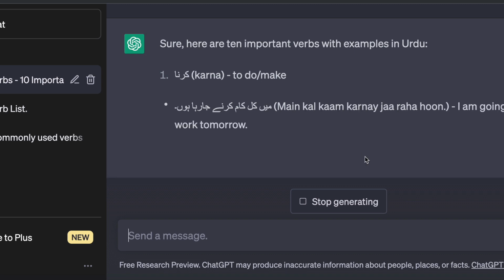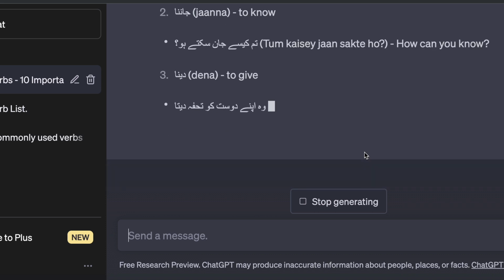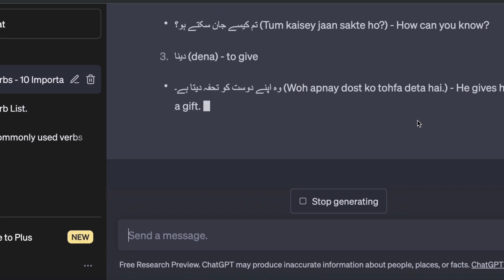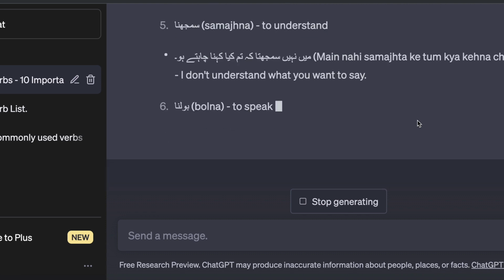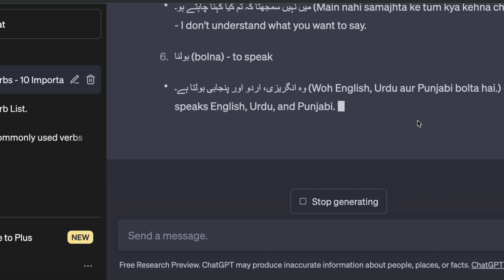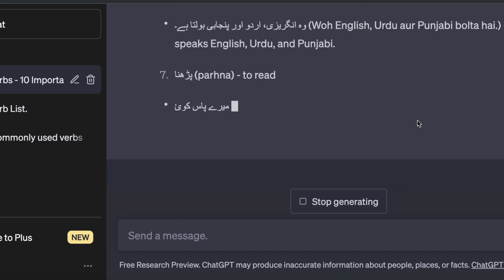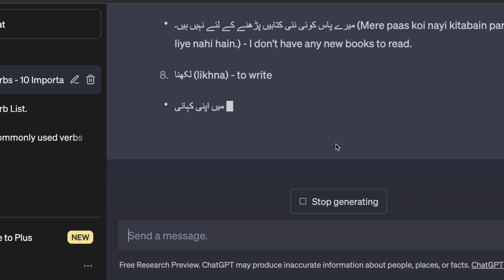Oh, so it's giving us examples now. That's amazing. So it will keep giving us some examples and then we'll go to the top and just read some examples, and we'll also read each verb and check out the pronunciation.